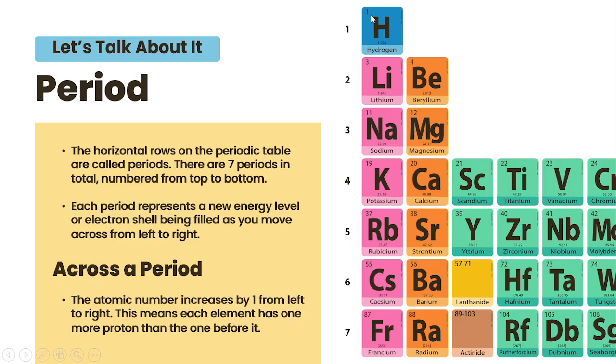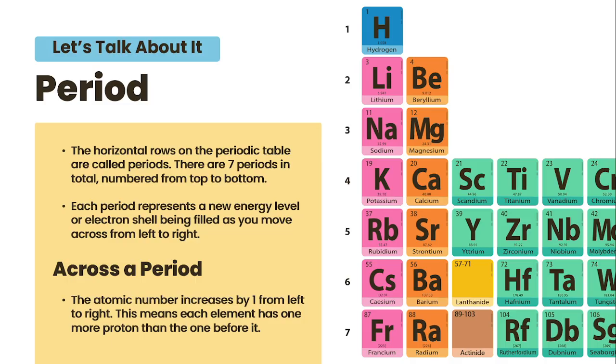or we can say the electron shell being filled as you move from left to right. Elements in period 1 have only one electron shell. Elements in period 2 have 2 electron shells, then 3, 4, 5, 6, and 7 electron shells respectively.